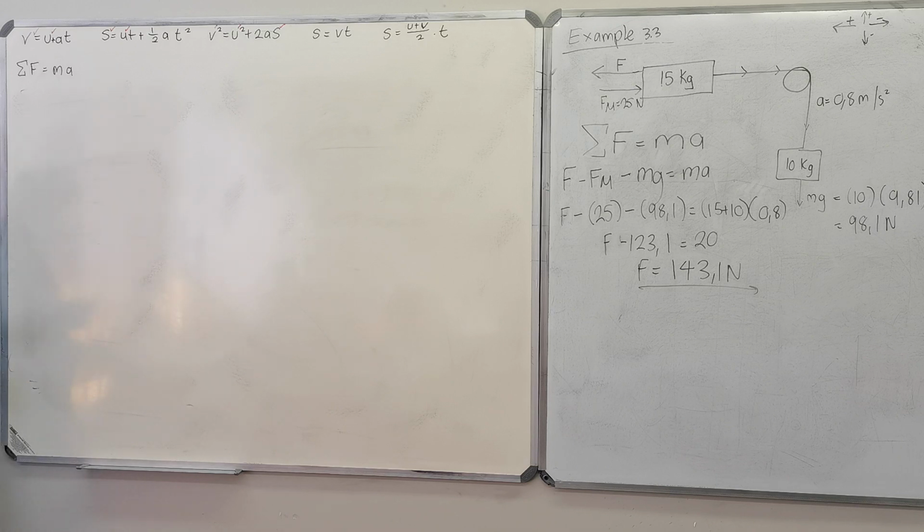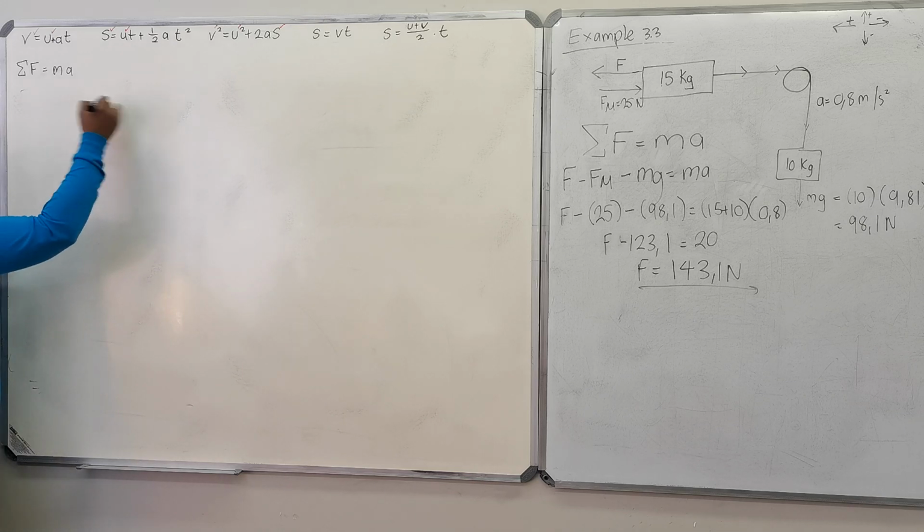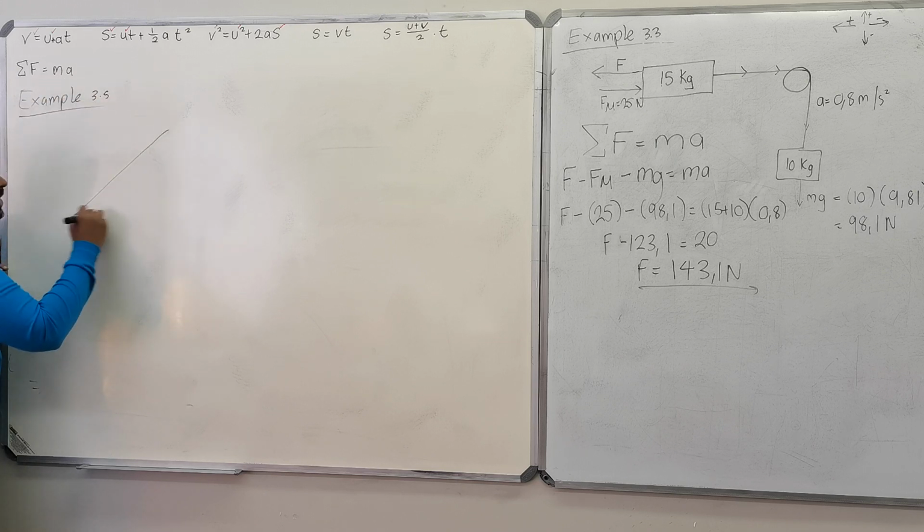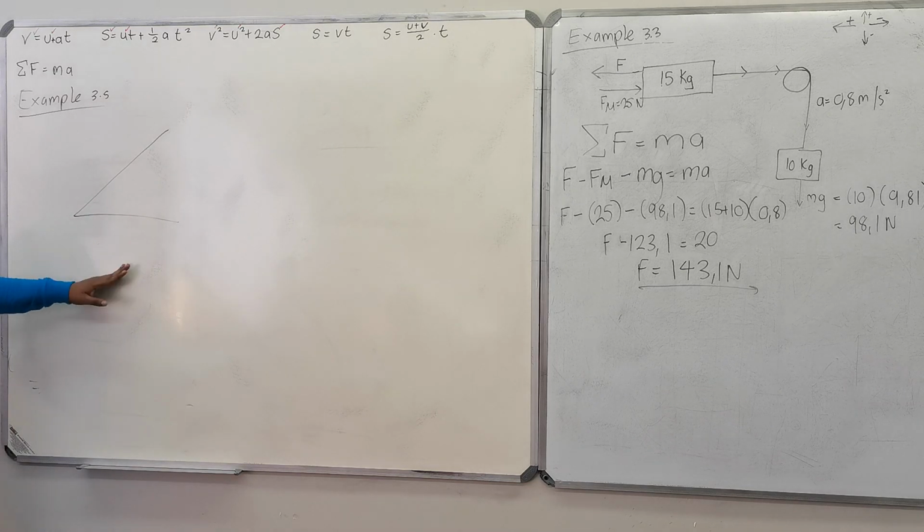Okay. So they tell you that a mass of 20 kg accelerates uniformly from 2 meters per second to 10 meters per second in 50 seconds. This is example 3.5. This is your incline.